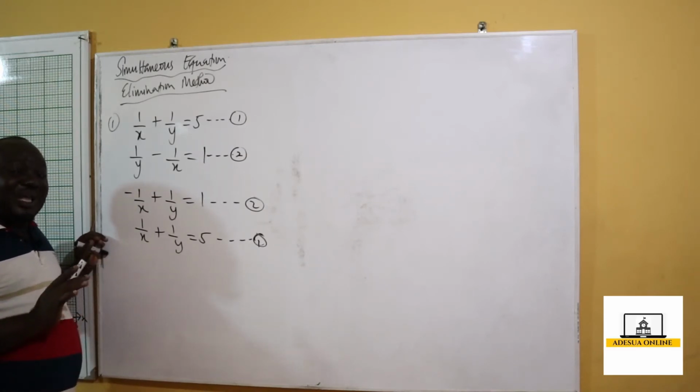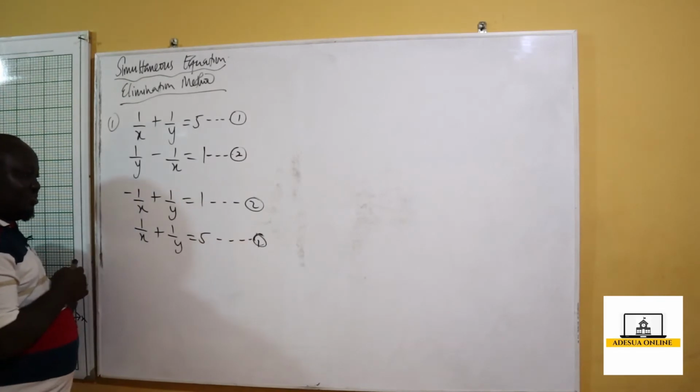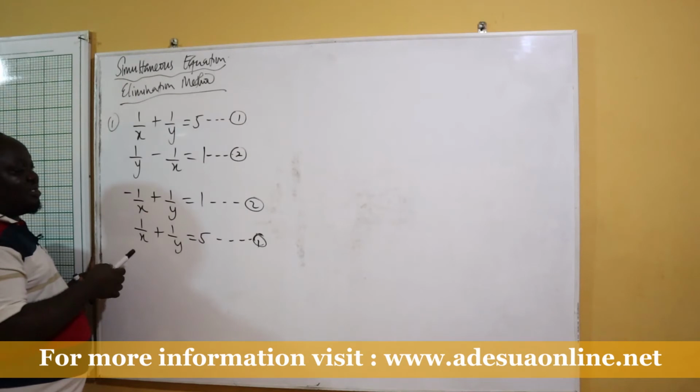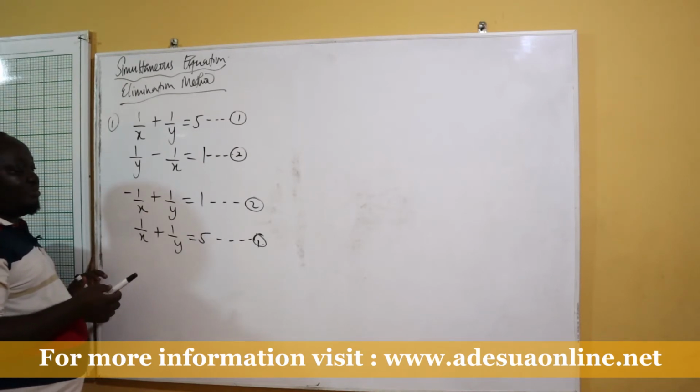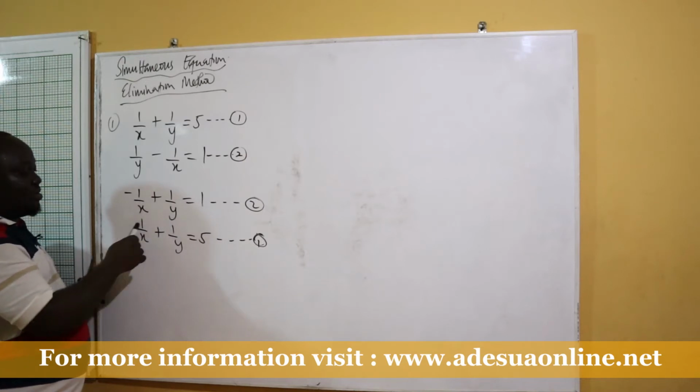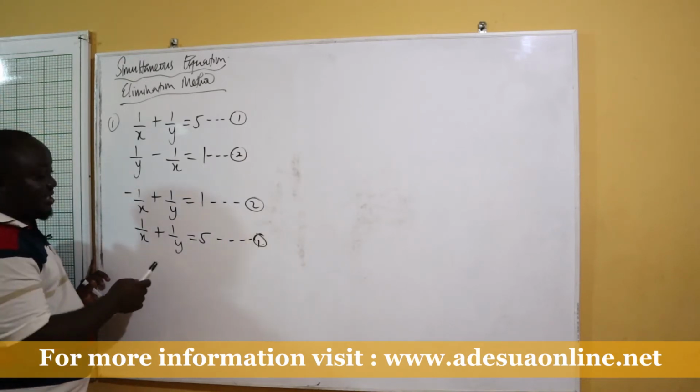So it means I'm going to eliminate x by adding equation 1 and equation 2. So let's add equation 1 and equation 2. Or if we like, we can even subtract equation 1 from equation 2 to also eliminate y. We can say 1 over y minus 1 over y is equal to 0.